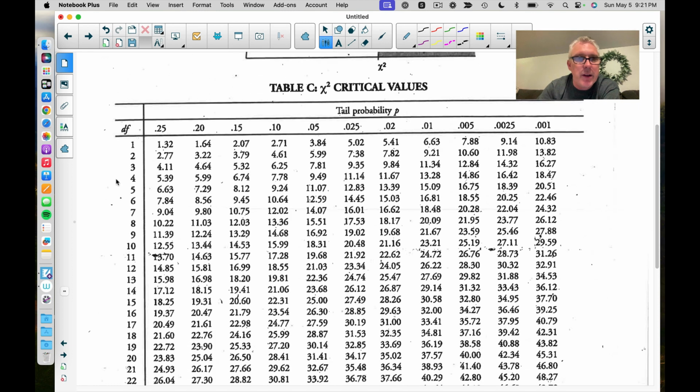I start here, degrees of freedom 4. 8.36, I'm moving along this table and I'm looking for where 8.36 would have been. It would have been in between these two numbers. Now, we can't lock in what our p-value is, but we can get a good idea. This tells me that the p-value is in between those two numbers.